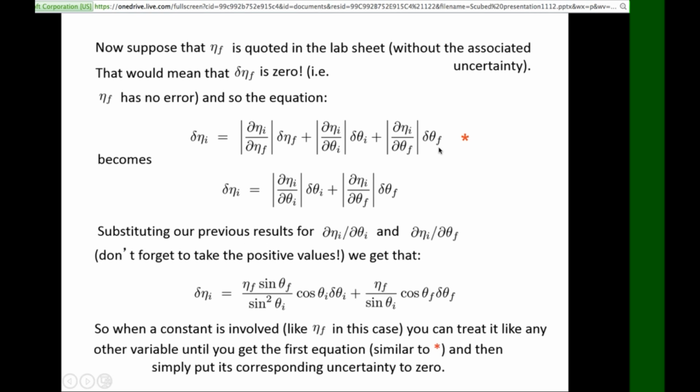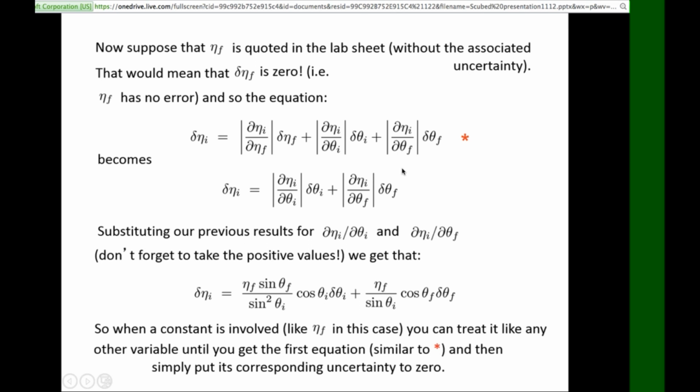We wrote this down, and then only later did we remove it. So first, write down the corresponding term in the error formula, and then later on just cross it out, just put the corresponding uncertainty, in this case delta theta f, to 0. This helps so as not to create confusion.